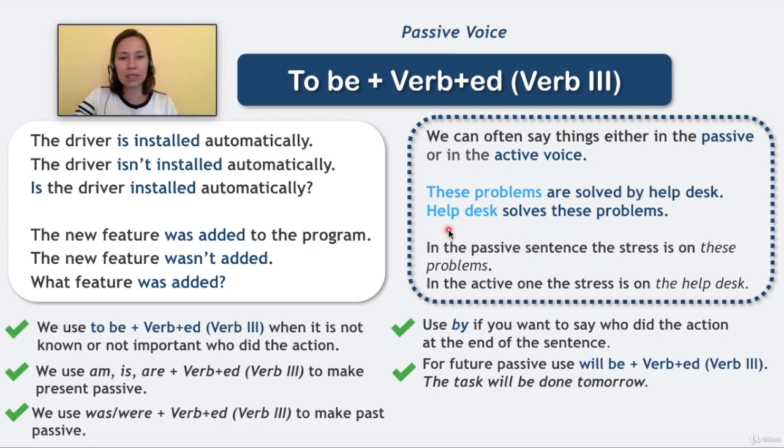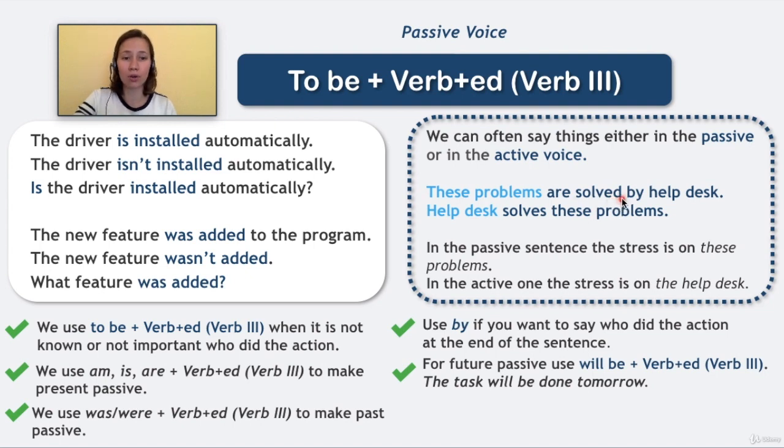And it's not so important which sentence you would choose to say, but the thing is that in passive voice, if you want to introduce the doer of the action, who did or who does the action, you have to use this word by, right? You say these problems are solved, and it could be the end of the sentence.